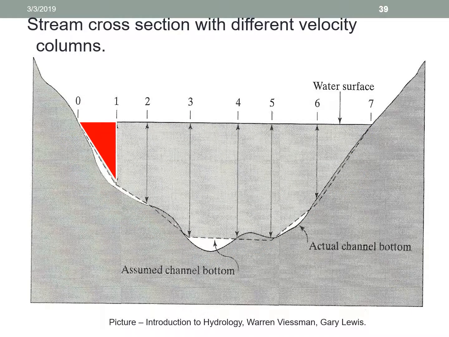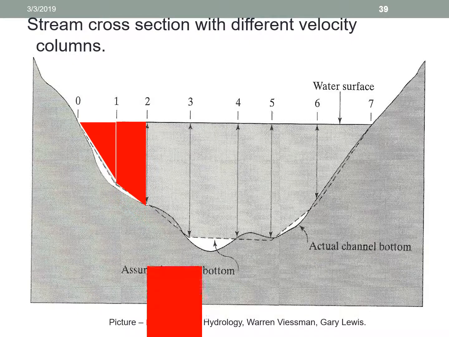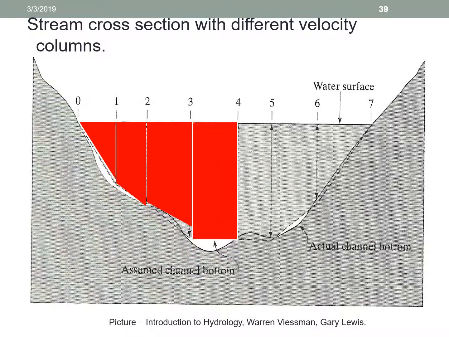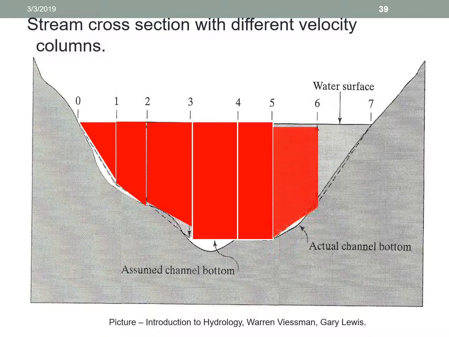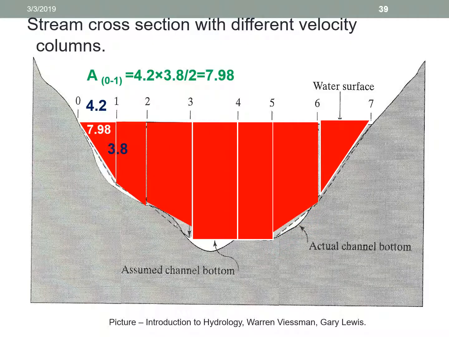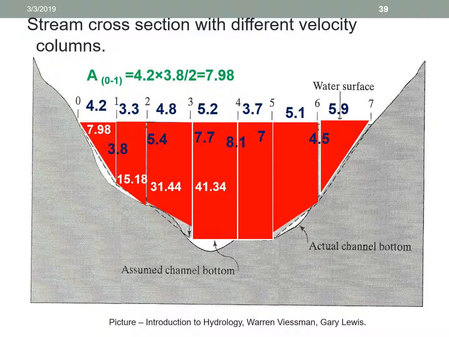One more time, area 1, area 2, area 3, area 4, area 5, area 6, area 7. For area 1, the area is 7.98. And I put all of the numbers in here. The area 2, 15.18, area 3, area 4, area 5, area 6, area 7.